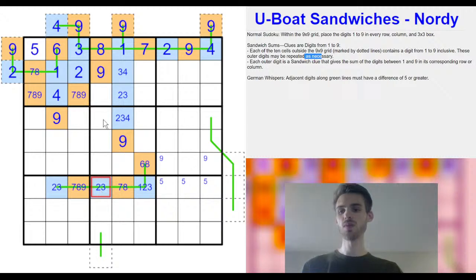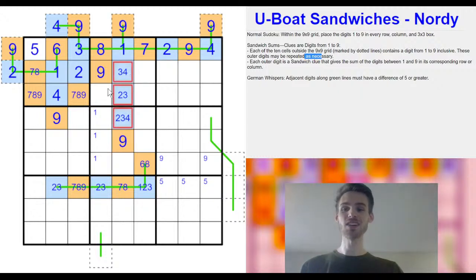So then 1 is in one of these 3 cells. And it's actually not here. Because if it was here, these would be 3 cells adding to a single digit number. The only way we can do that is the same way we did here. Yes, I am ahead of you this time.